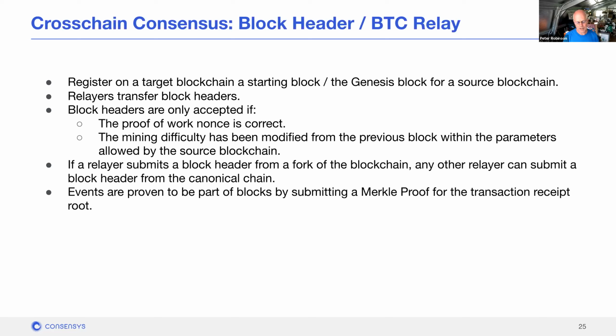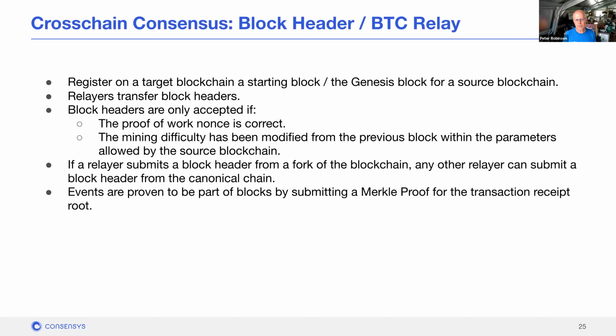And so you can have many relayers. Relayers might be posting from forks of the blockchain, but at the end of the day, there'll be the longest blockchain. And so you'll be transferring blocks from the longer blockchain, and then the contract automatically works out which is the longest blockchain and discards the non-longest blockchains.